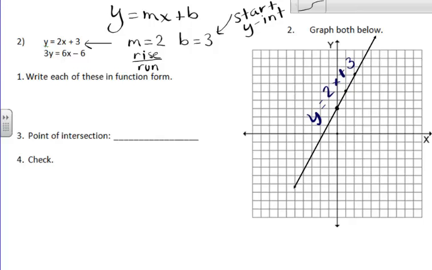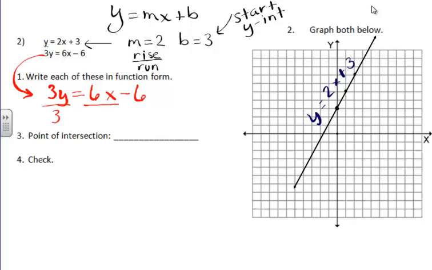And now let's take a peek at the other equation. This guy is not in y equals mx plus b format. So let me rewrite it where I have some space to show work. I have to get my y by itself, which means I have to divide by 3 on every single term. That gets rid of that.